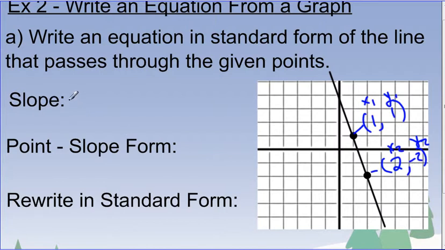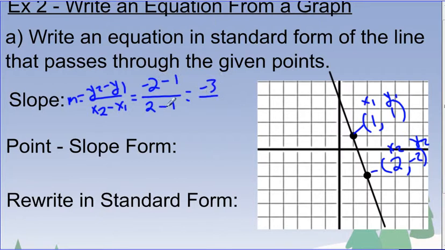To find slope, it's y2 minus y1 over x2 minus x1. That gives me negative 2 minus 1 over 2 minus 1. Negative 3 over 1, which is just negative 3. So I have slope. The slope of this line is negative 3.